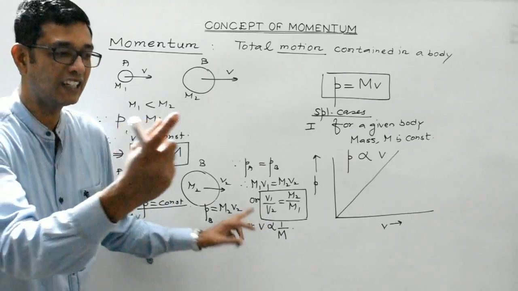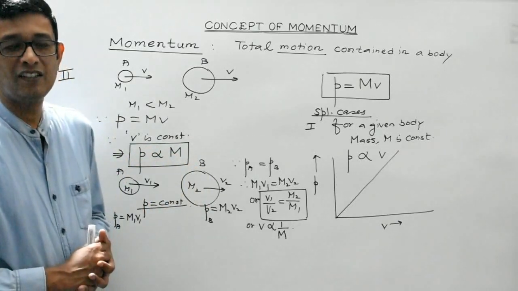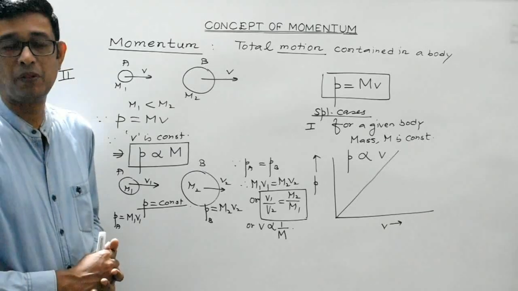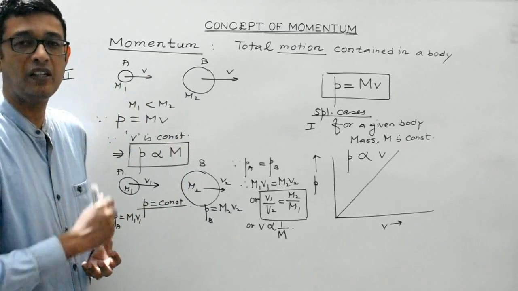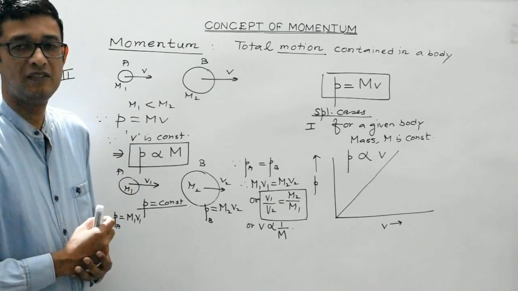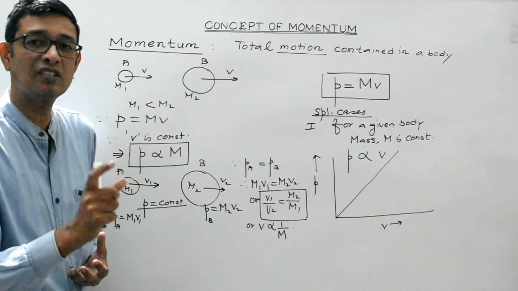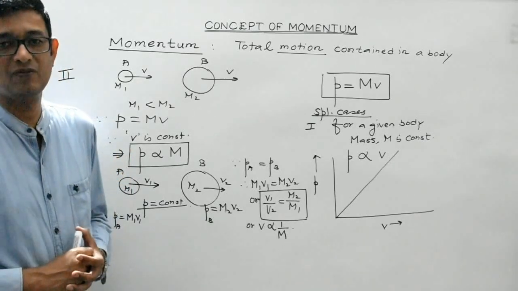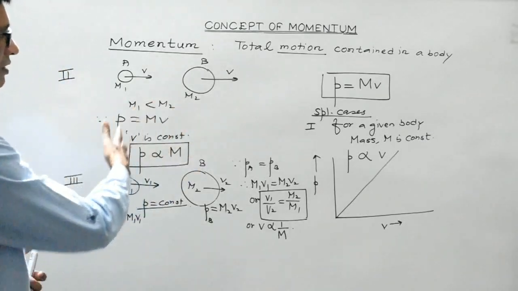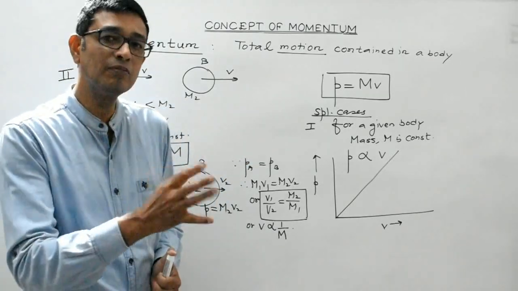It is only then that the momentum can be equal, right? So the lighter body must be moving with great speed and the heavier body must be moving with small speed. That is the condition for the two different bodies to possess the same momentum. Clear, students? So these are the things which we can conclude from the concept of momentum.